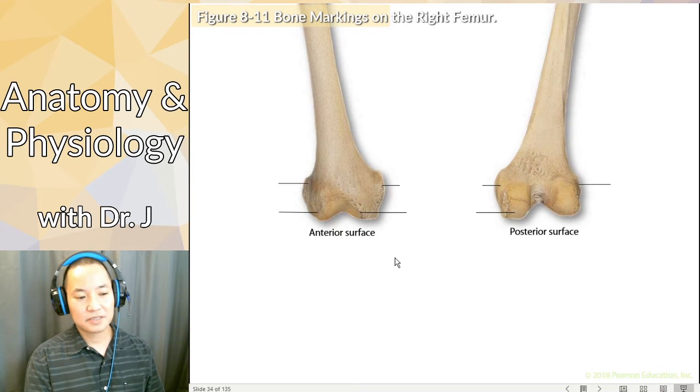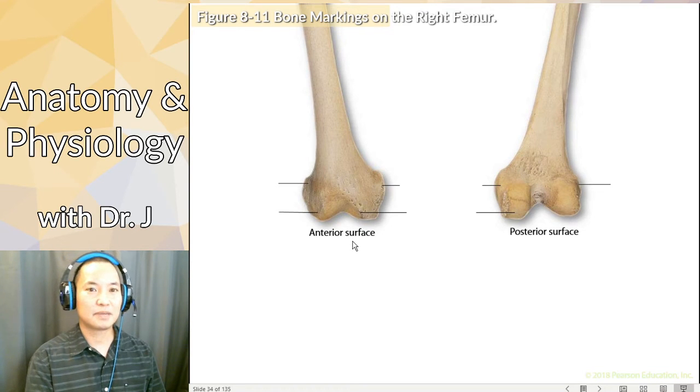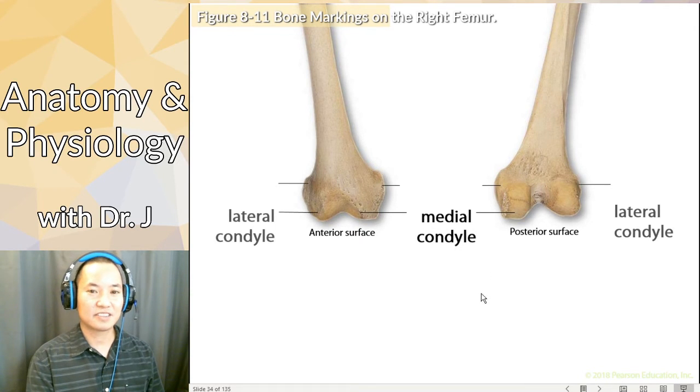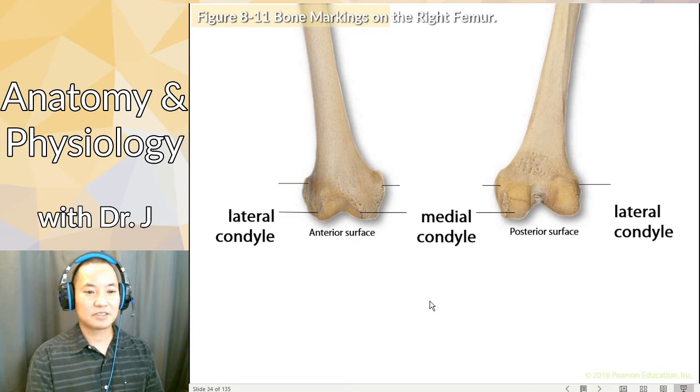All right, so one thing we see here, just like the distal portion of the humerus, on the distal portion of the femur, you have things called condyles. So the ones that are toward the midline are called medial condyles, and what's the opposite of medial? We have lateral. And just like the humerus, what do you have above and outer?